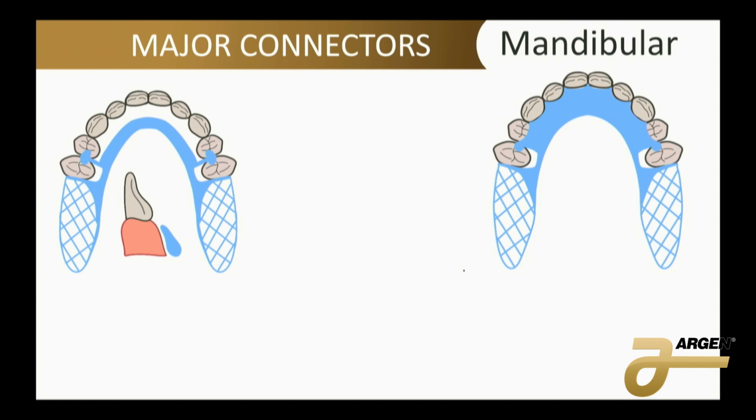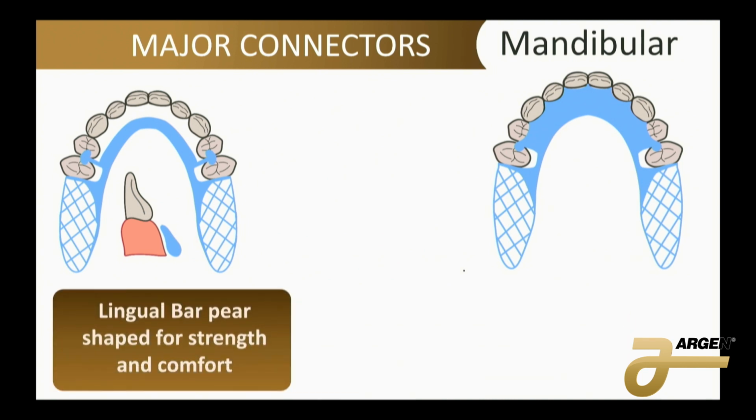For the lower major connectors, again, I'm not going to go super in-depth today. We just don't have the time to cover everything about partials. But what we have is the lingual bar. The lingual bar is pear-shaped. When we come into the digital setting, it's already pre-designed for you. In an analog setting, you have wax strips that are already shaped like a pear.